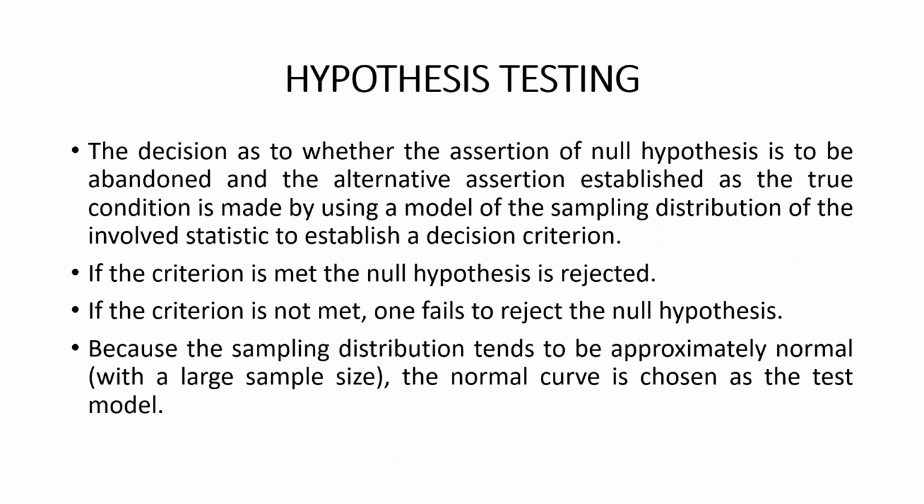If there is a difference in the weight of Ikwere men compared to Kalabari men, it means the null hypothesis is not true, and you reject it. Once you reject the null hypothesis, of course, you've automatically accepted the alternate hypothesis, but nobody talks straight about the alternate hypothesis.